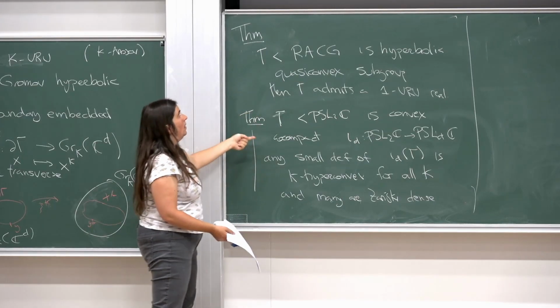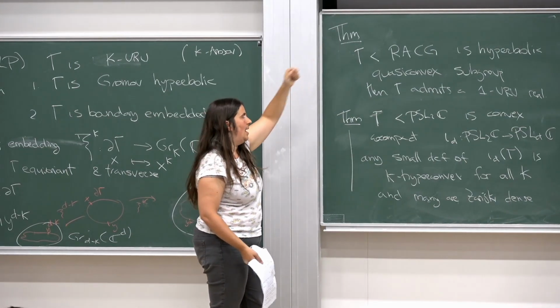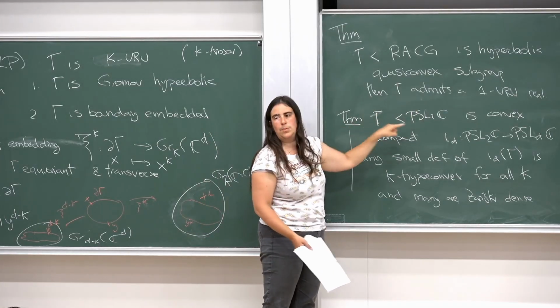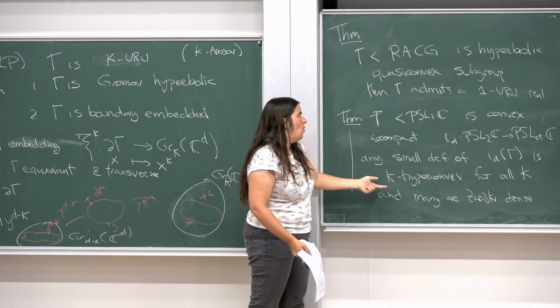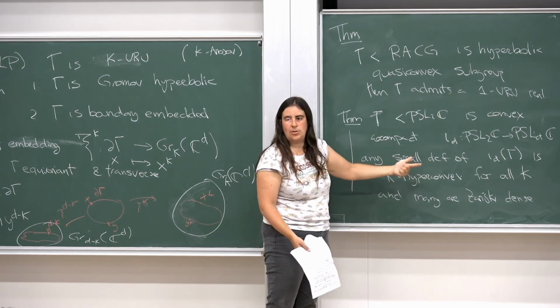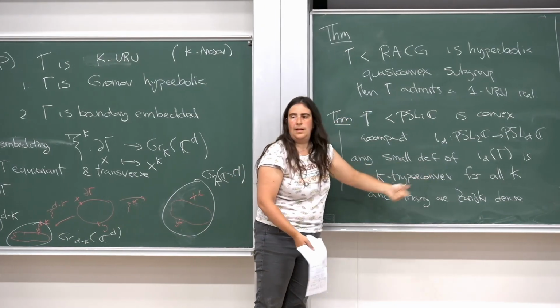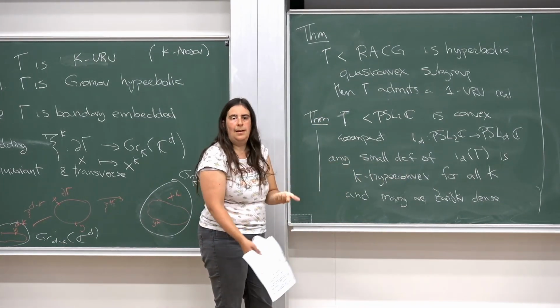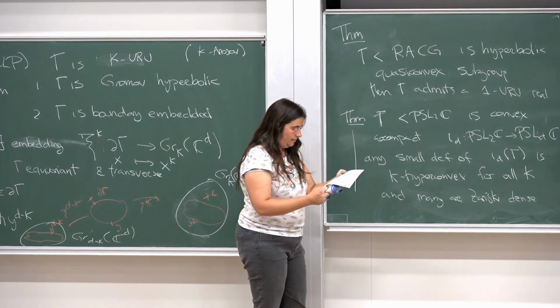These groups here are algebraically much more restricted, because our theorem says that they are literally subgroups of PSLDC. On the other hand, there are many more K hyperconvex subgroups than convex compact subgroups of PSL2C, because whenever I start from one, I can deform it to make it Zariski dense, so to see some of the higher rank geometry. Okay?